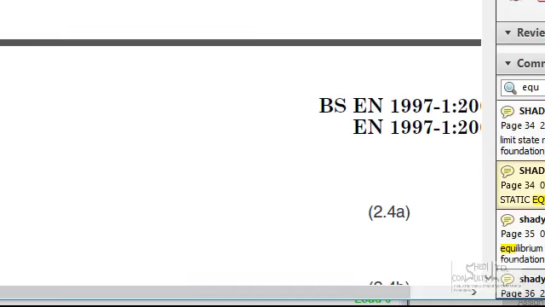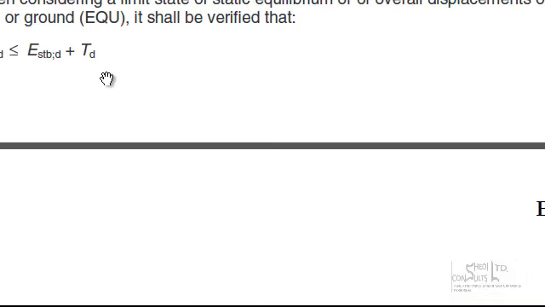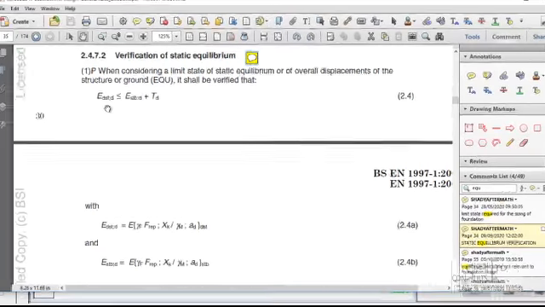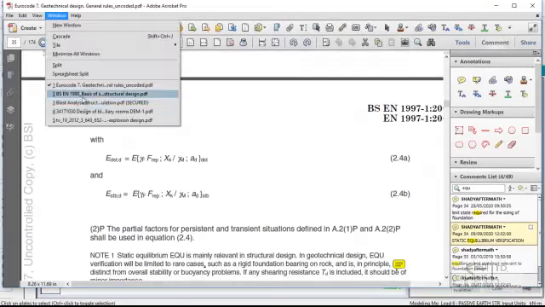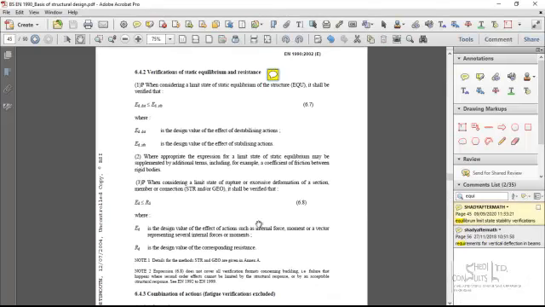Look at what the code states. It states that the effect of the stabilizing force must be greater than the effect of the destabilizing force. This is also captured by BS EN 1990. BS EN 1990 also reiterates this for verification.